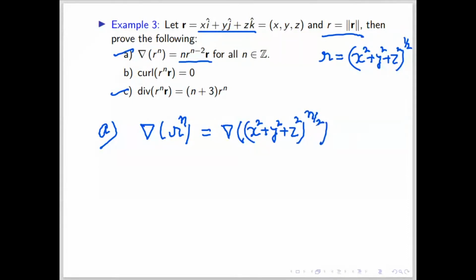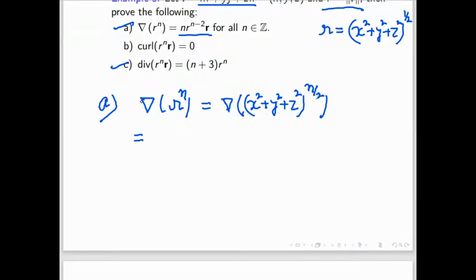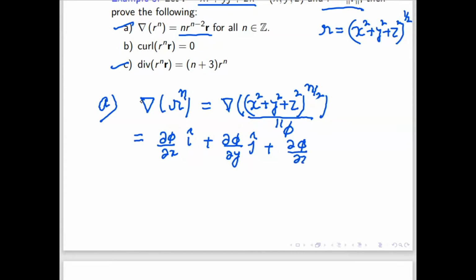Now we will apply this gradient. So this means the gradient, because there is no dot, there is no cross, that means it is gradient. So this means del by del x of this i cap. So okay, let me write like this only. If this is equal to phi, then it means del phi by del x i cap, del phi by del y j cap, and del phi by del z k cap.